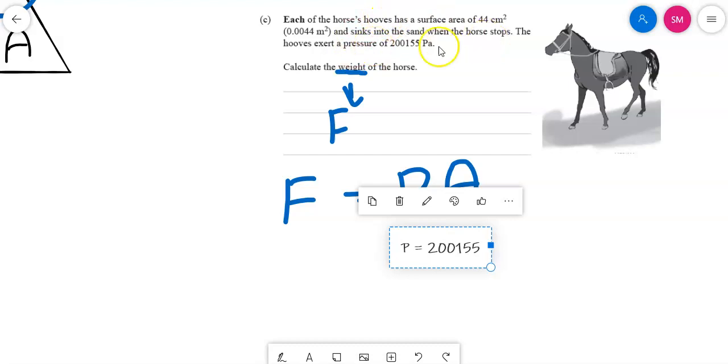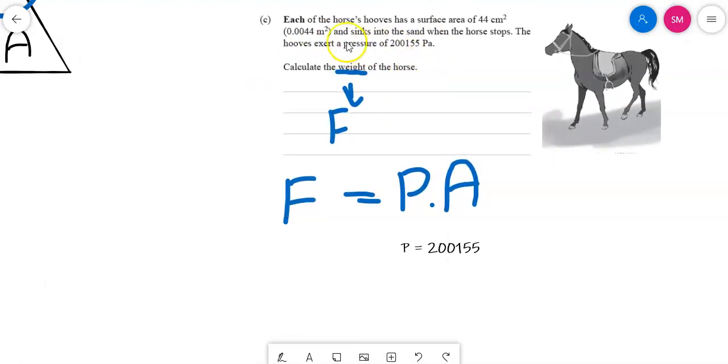So the horse will be standing on the ground with all four hooves on the ground. We know the area of one hoof, so we need to find the total area that the horse is using, the total surface area of the ground that the horse is standing on. So we can't just use the area of one hoof, we need to times that by 4.